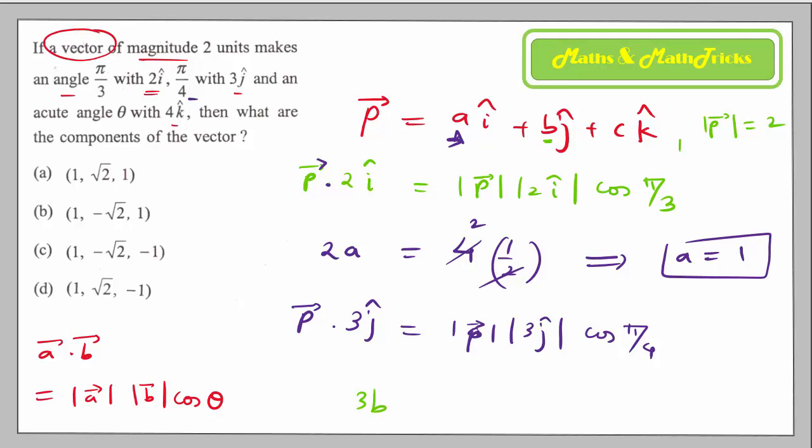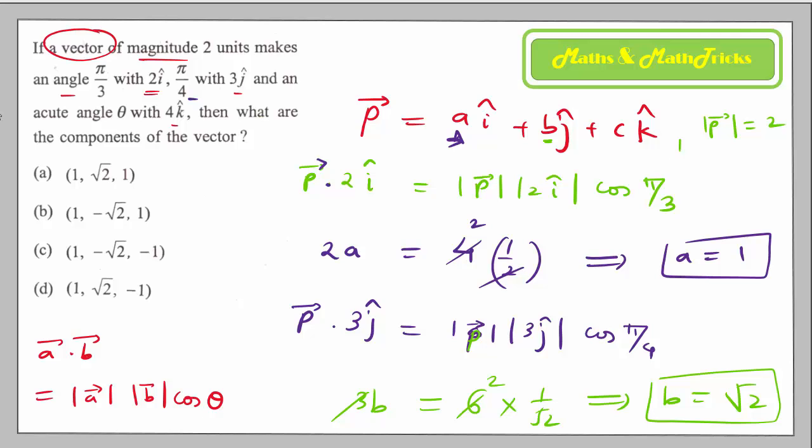The rest of the component dot products are 0 because i dot j is 0, j dot k is 0, i dot k is 0. This is equal to, what is the magnitude of p? 2 into the magnitude of 3j cap, which is 3, so it's 6. Cos of pi by 4, it's cos 45 degrees, so 1 by root 2. So what do you get as the value of b? 2 by root 2, which says that the value of b is root 2.